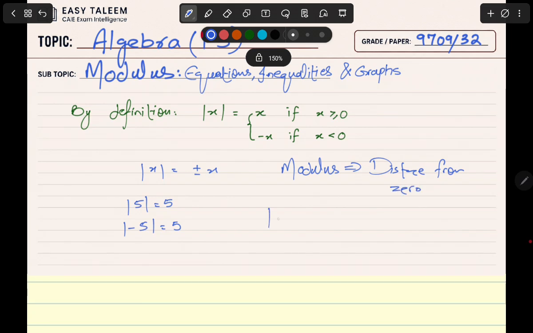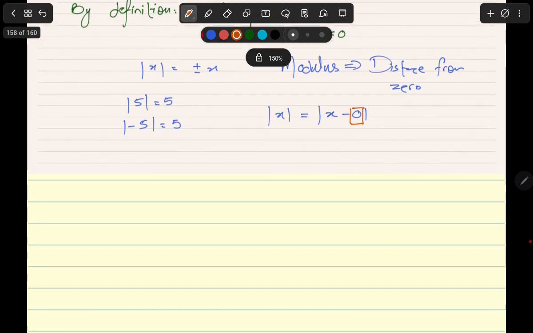If I have something like modulus of x, I will automatically look at it as the distance of x from 0, because modulus of x is the same as modulus of x minus 0, right? So it is all the variables that are at a distance from 0 on a number line in one dimension.